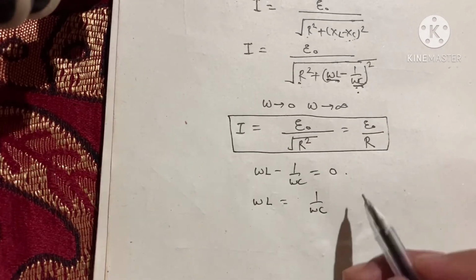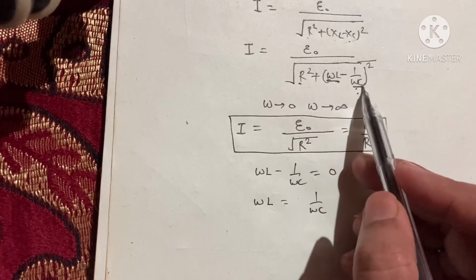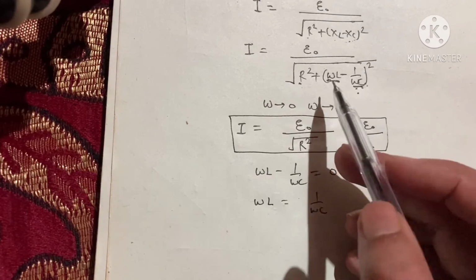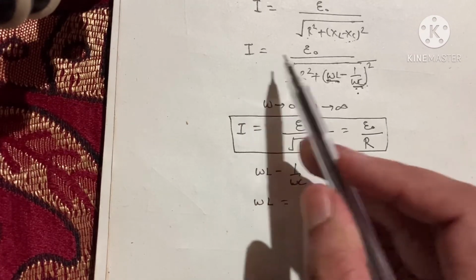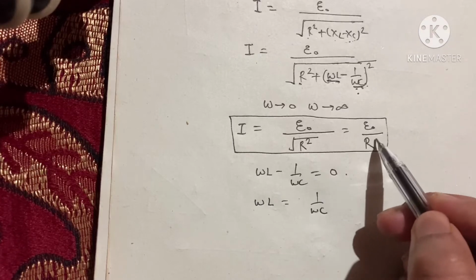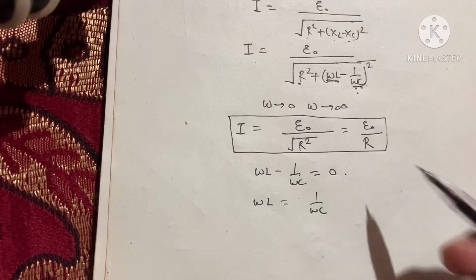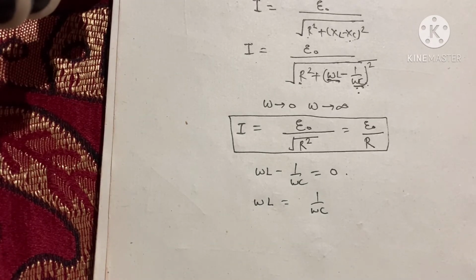When these components become equal, you will get maximum current, and in the denominator you are getting only the resistor. It means that when omega L and 1 upon omega C become equal, you will get a purely resistive circuit. It behaves as if you have not connected the inductor and capacitor, although you have connected them. This is called a purely resistive circuit.